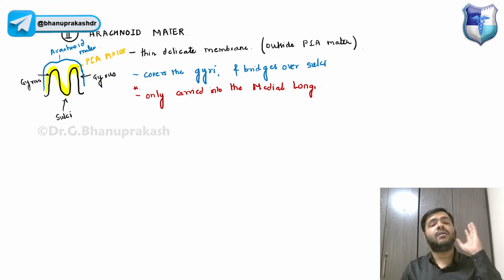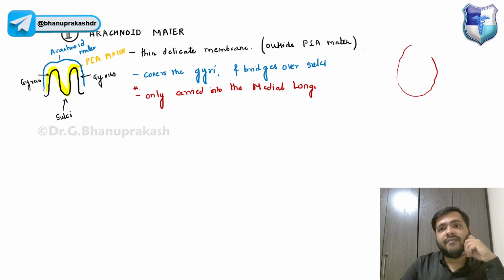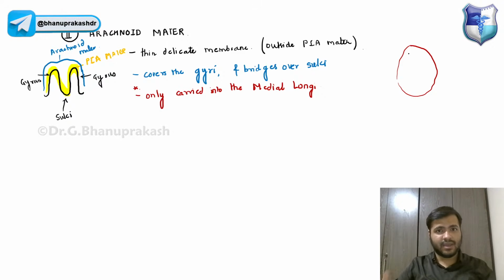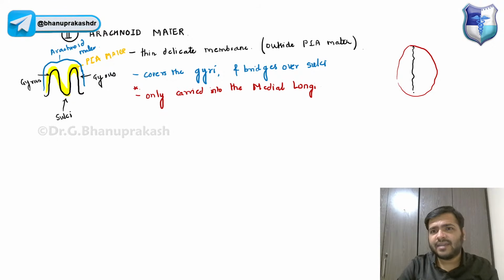Now, guys, you already know, if I'm taking a cranial cavity, in the midline of the cranial cavity, the cranial bones, we have a cavity over here, and this is called the cranial cavity. In the middle, we have a fissure, an opening, a depression, and that is called the medial longitudinal fissure.